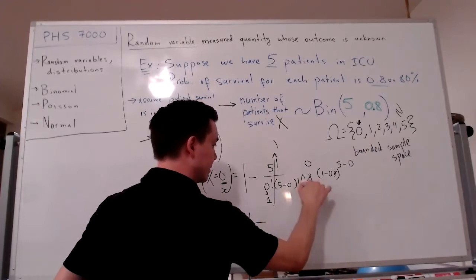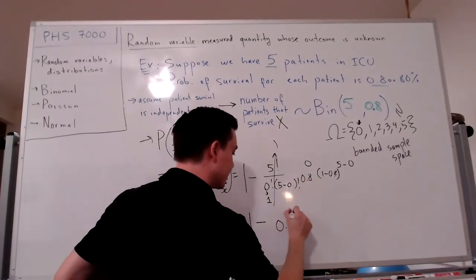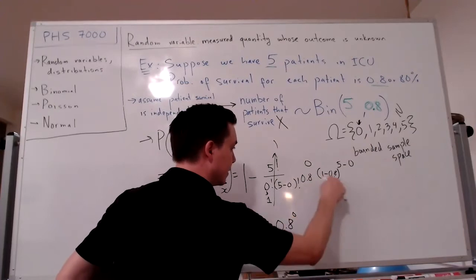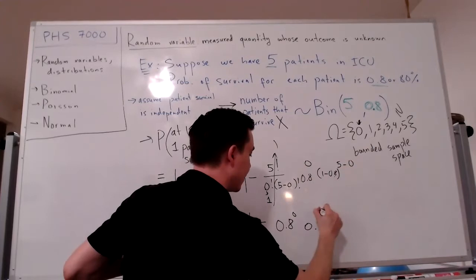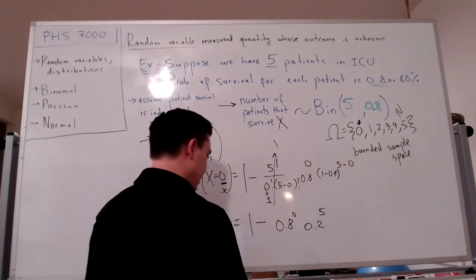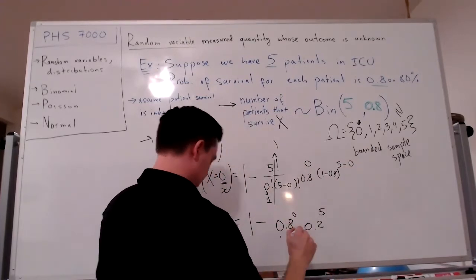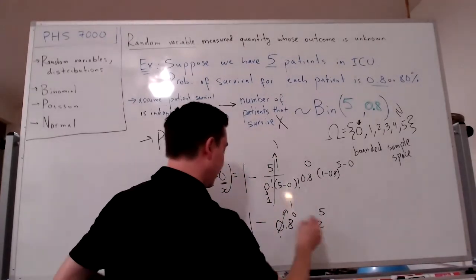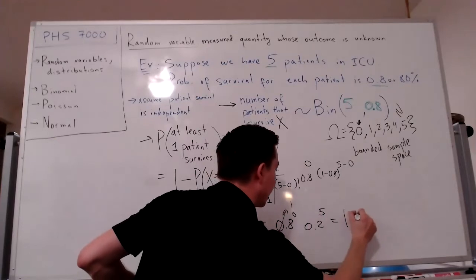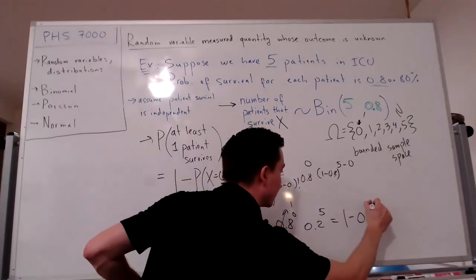1 minus 0.8 to the power of 0, times 0.2 to the power of 5. 0.8 to the power of 0 also goes to 1. And what I'm left with is 1 minus 0.2 to the power of 5.